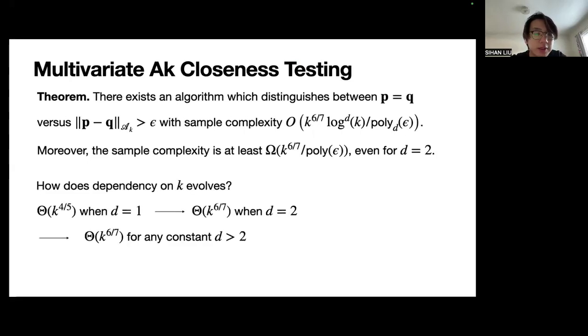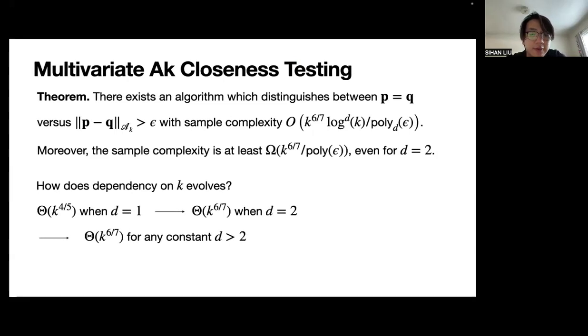To interpret the results, let's examine how the dependency on k evolves as d increases. When d equals 1, which is the case of 1D AK testing, the sample complexity has been characterized by the prior work to be k to the power of 4/5. When d equals 2, the sample complexity suddenly jumps to k to the power of 6/7.